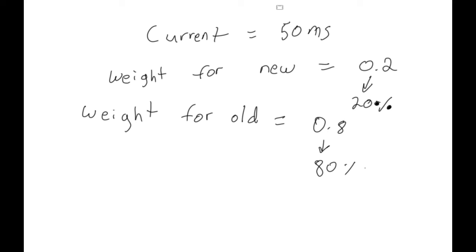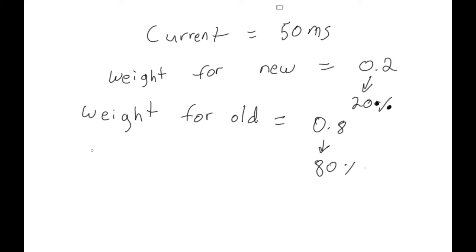And this is actually where the 1 minus comes from. The 1 minus comes from percentages. You only have 100% to work with, so if your new is going to be worth 20%, then that means your old has to be worth 80%. And then after this, it becomes a fairly straightforward equation. So my new one is 80, and my old one was 50.